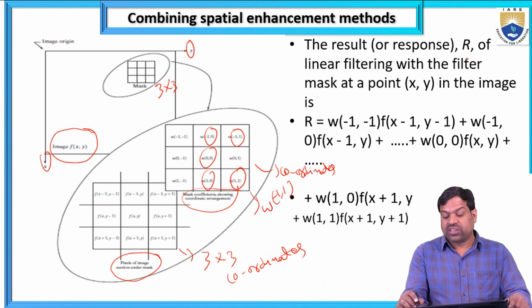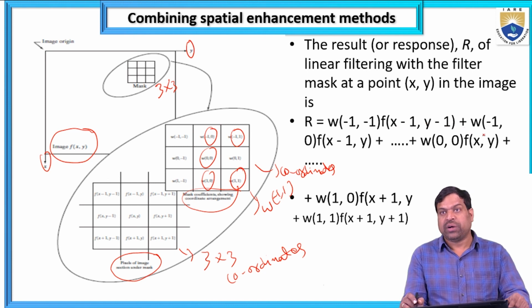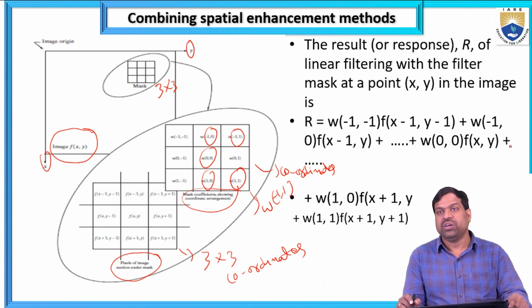So the result R of the linear filter with the linear filter mask at a point x comma y in the image is R equals w of minus 1 comma minus 1 into f of x minus 1 comma y minus 1, plus w of minus 1 comma 0 into f of x minus 1 comma y, and so on, plus w of 0 comma 0 into f of x comma y, and so on.